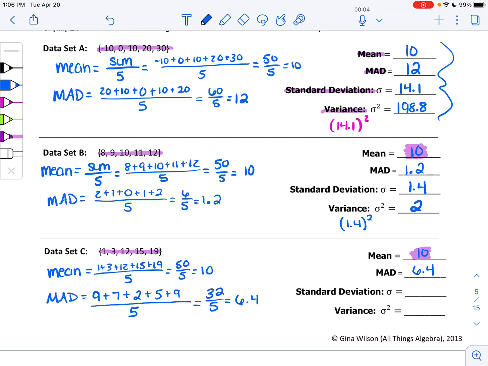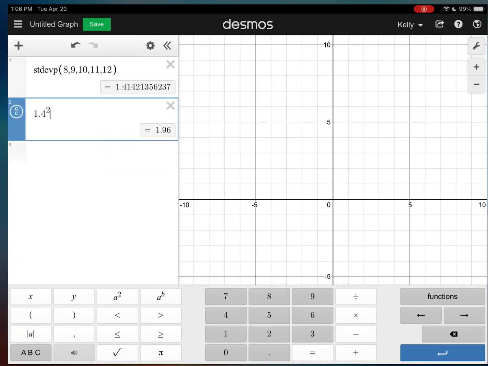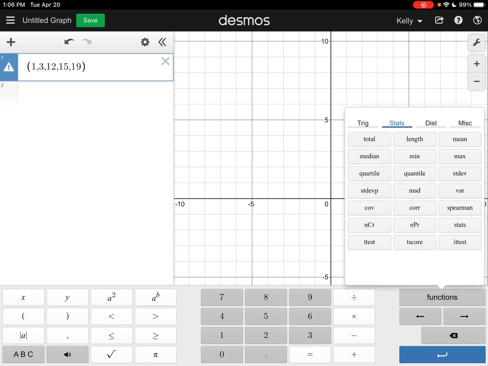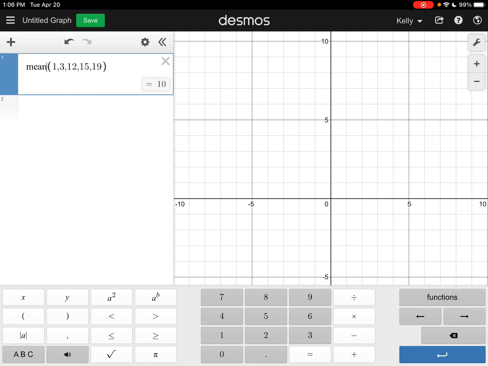So now we're going to go over to Desmos and type in that data, that same data set in parentheses: 1, 3, 12, 15, and 19. Then I'm going to double check my mean. Remember to take out that extra parentheses, and I do get 10. I'm going to double check my MAD, taking out the extra parentheses, and I do get 6.4.